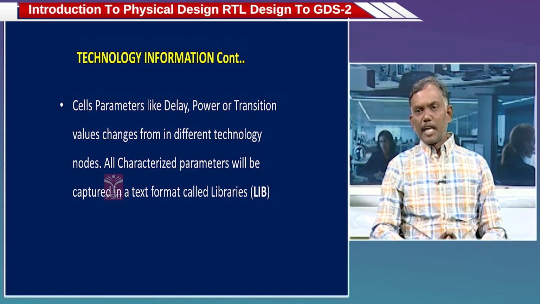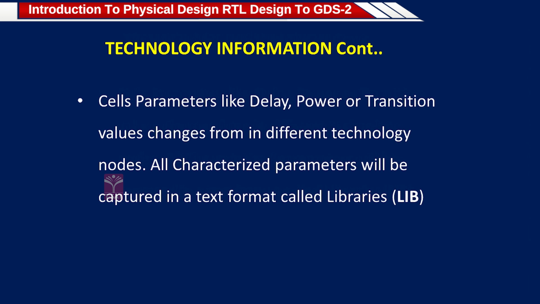All these are called cell parameters. All these are characterized for a given cell and put in a file called library, because those details are required during our logic synthesis and place and route.